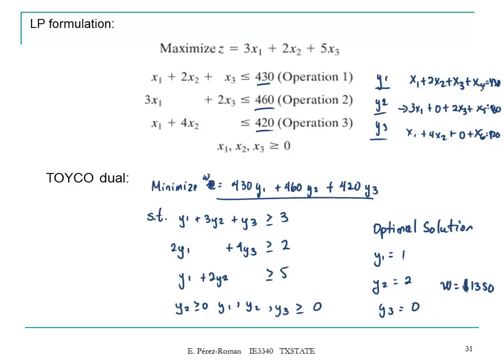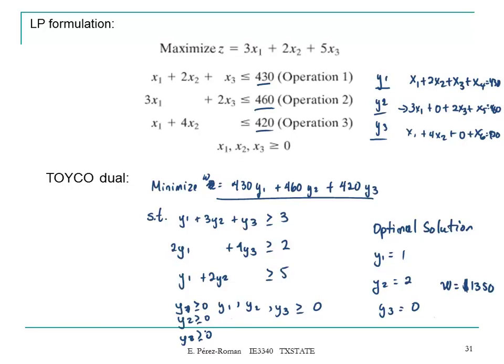It will be y4. y2 greater or equal to 0 and y3 greater or equal to 0. Okay, so that is why that becomes this.